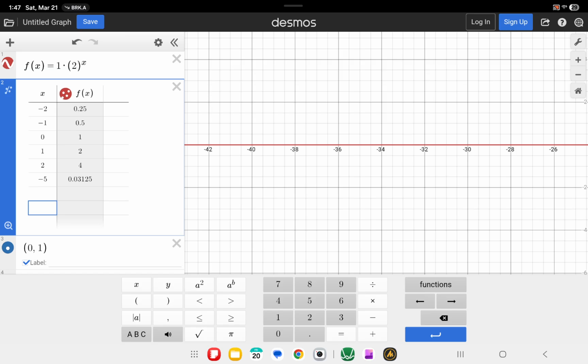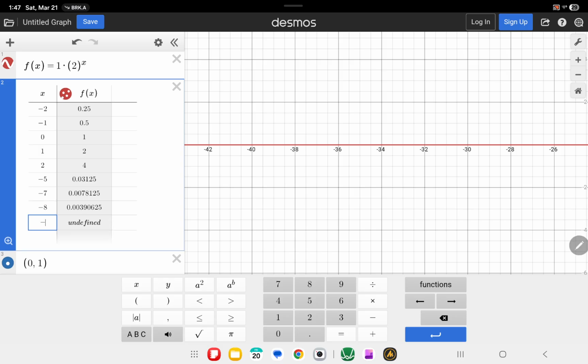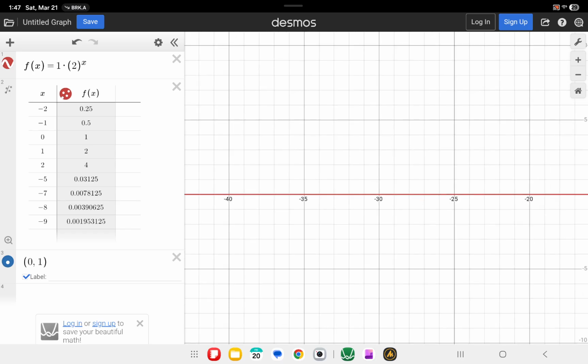If I put in -7, I'm getting more zeros as I go. So if I put in maybe -8, now I've got 2 zeros and a 3, and -9, I got 2 zeros and a 1. So I'm getting closer and closer and closer to 0, but I can never really get to 0. That is called an asymptote. It is a border. Okay. So when we're talking about end behaviors, let's come back over here.